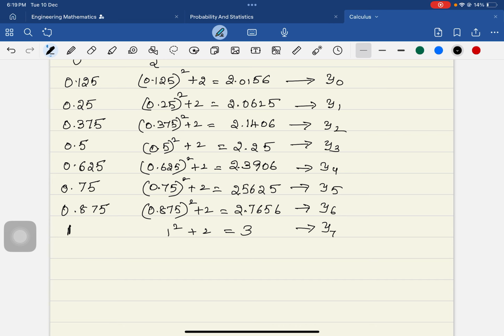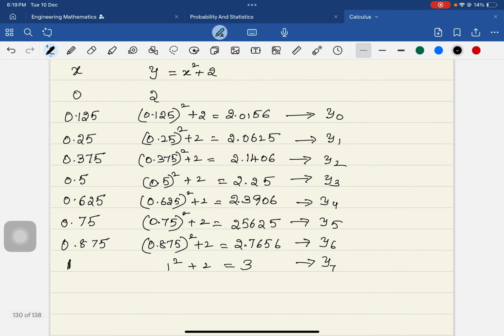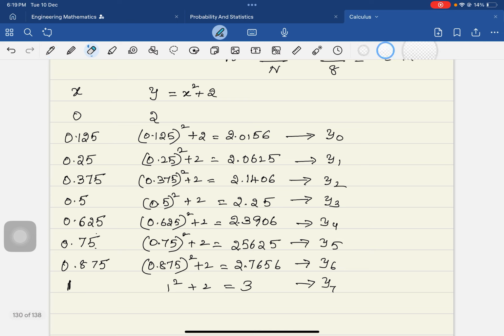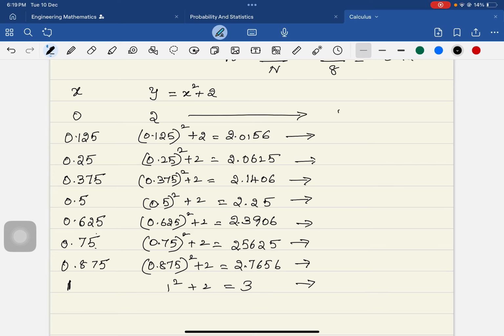You should get 0, 0.125, 0.25, 0.375, 0.5, 0.625, 0.75, 0.875. Here I have to start with 0 also, so this is y0, and we go on: y1, y2, y3, y4, y5, y6, y7, y8.